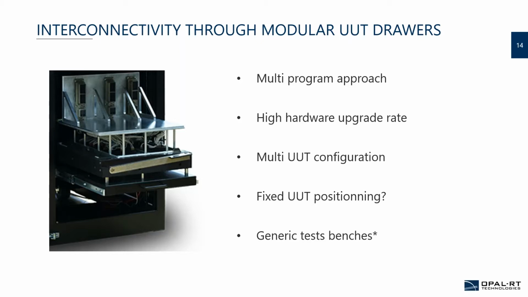They will have a special configuration for one ECU or one UUT, like a program, but the main real-time part and the conditioning could be reused on different programs. So they see that there's a lot of money wasted by not holding a part of the bench stuck to a whole program, and instead taking the generic part of the benches to be moved around between different programs. So this is the idea of generic test benches.